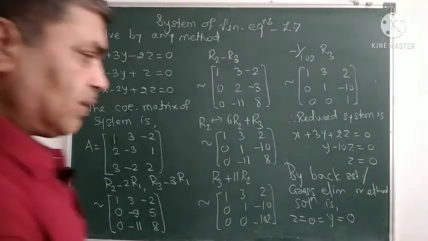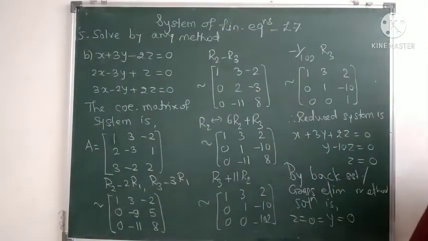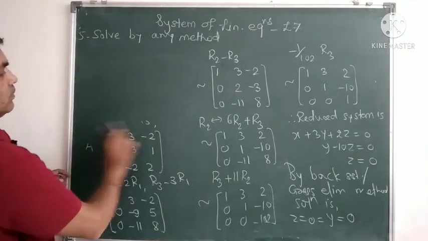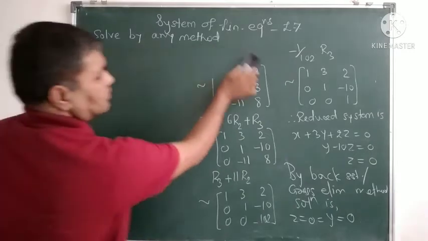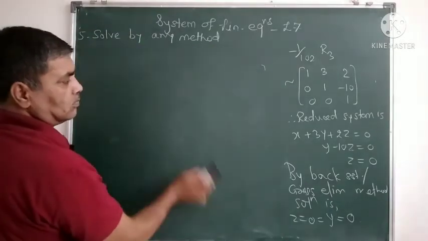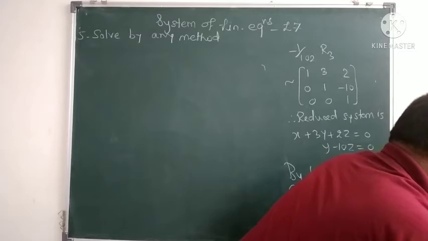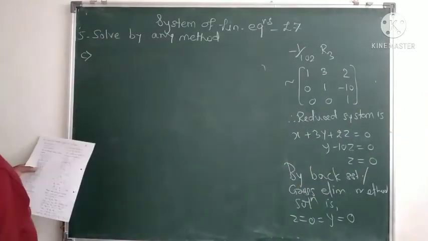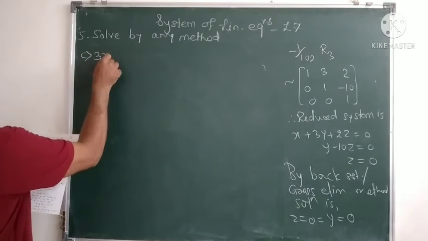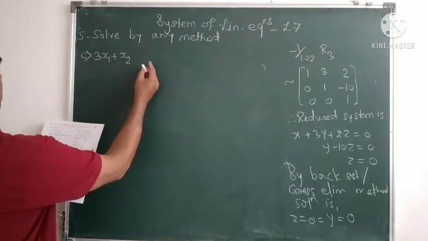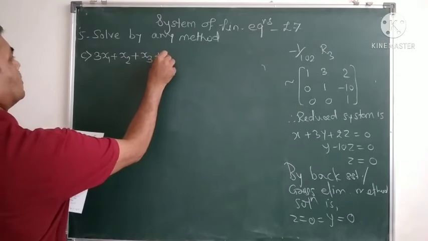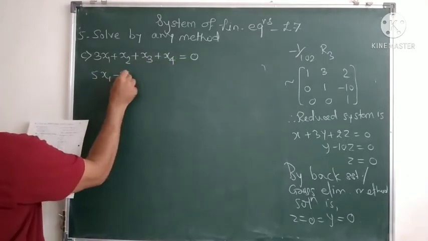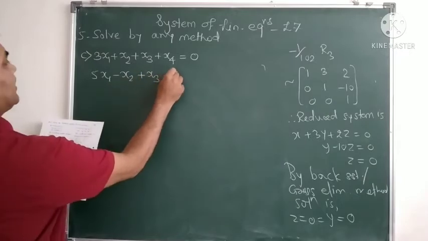We'll take one more example. Next example: 3x1 plus x2 plus x3 plus x4 is 0, 5x1 minus x2 plus x3 minus x4 is 0.